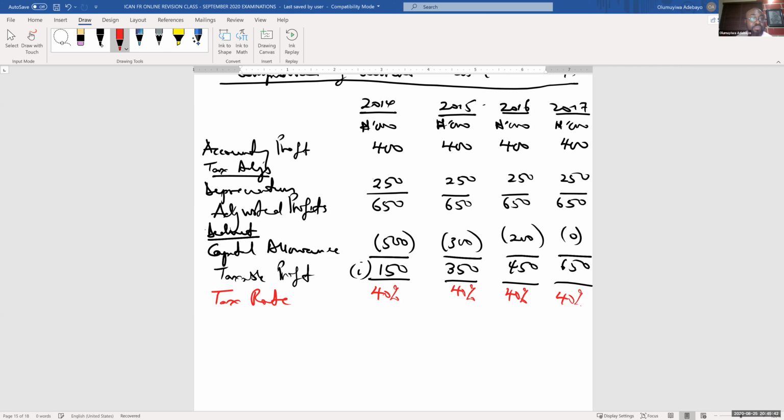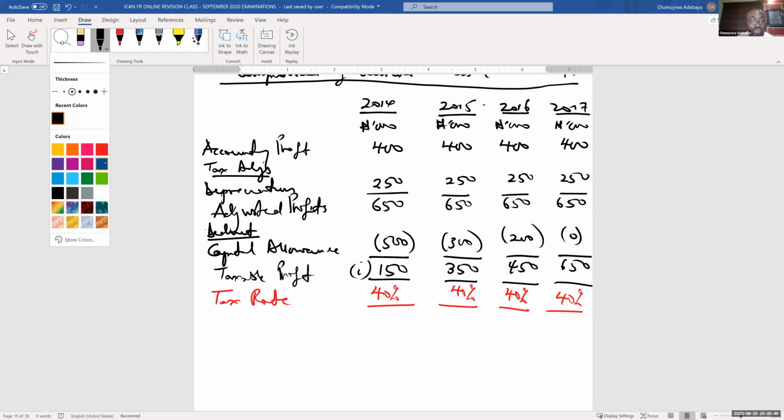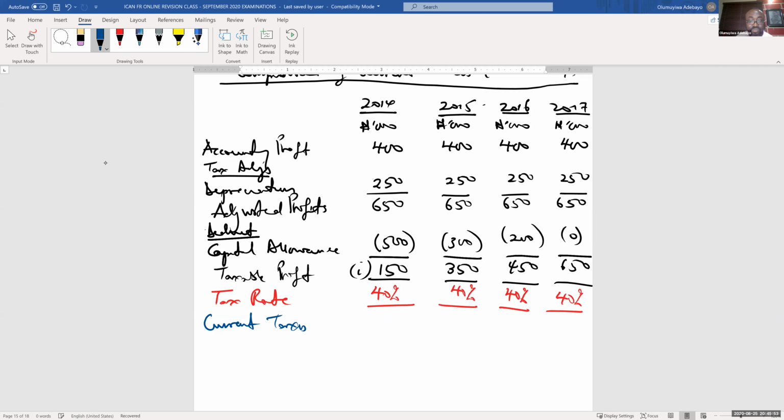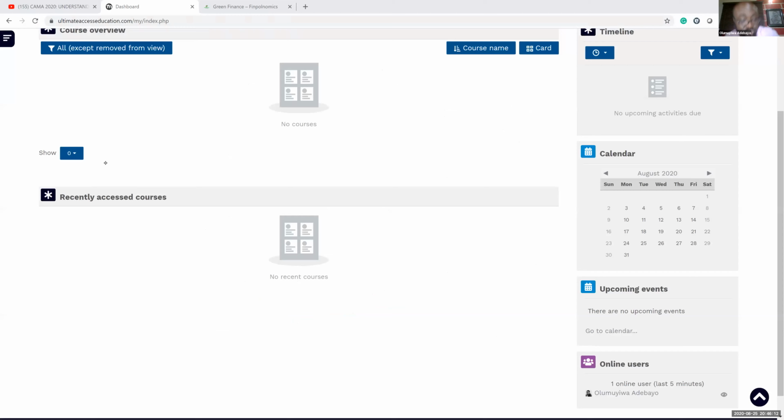Invariably, my current taxes will be Roman figure 1 times Roman figure 2. What does that mean? My tax rate multiplied by my taxable profits will give me my current taxes. Can we bring out our calculator and let us determine that? 150 times 40%, what do we have?